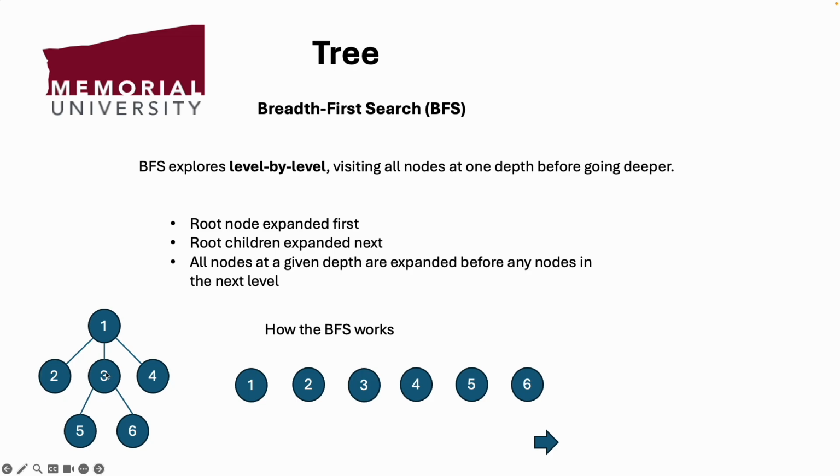The children of node 3 are complete, they only have 5 and 6. So it means level by level: first the root level, then its children 2, 3, 4, and then the third level, 5 and 6.